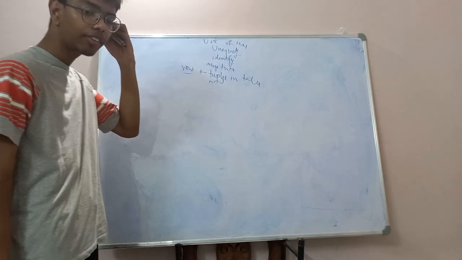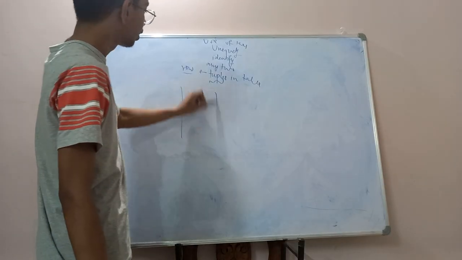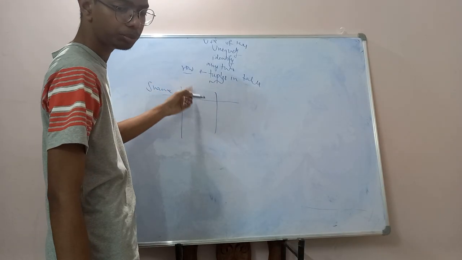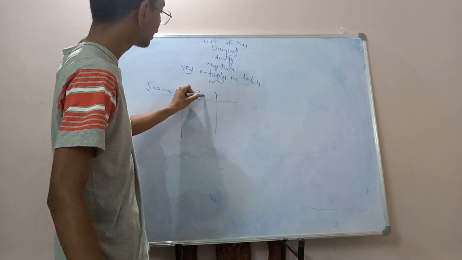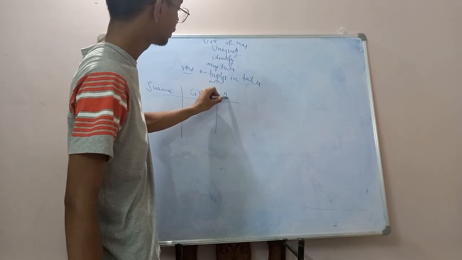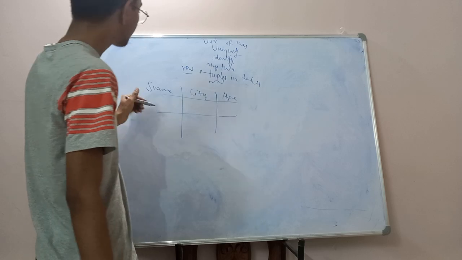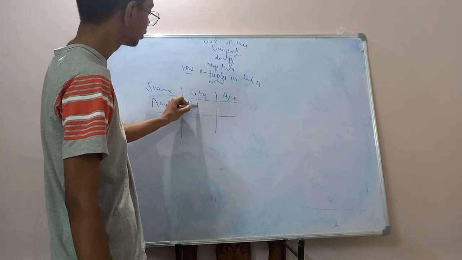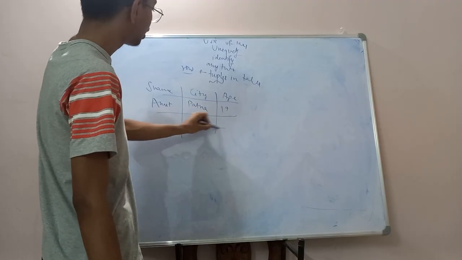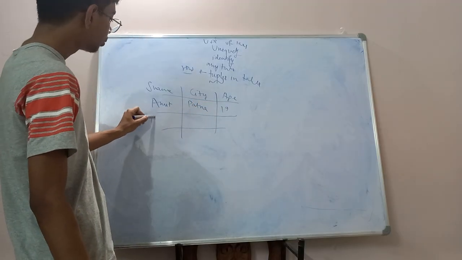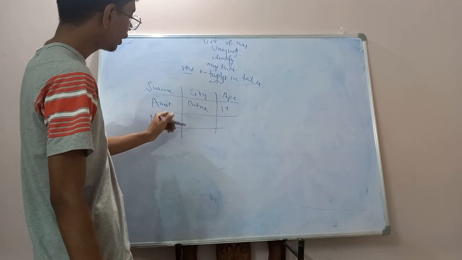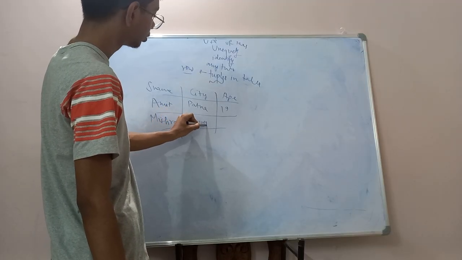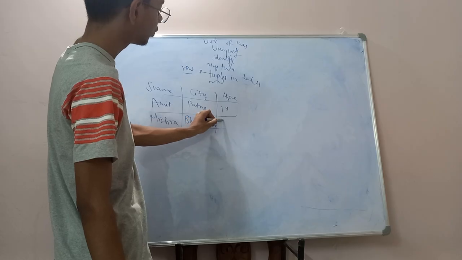Now suppose I have a table, right? A student name, and then I have city, and then I have age, right? Suppose I have a student Amit, his city is Patna, age is 19. Another student I have Misra, city is Bhubaneswar, age is 20.